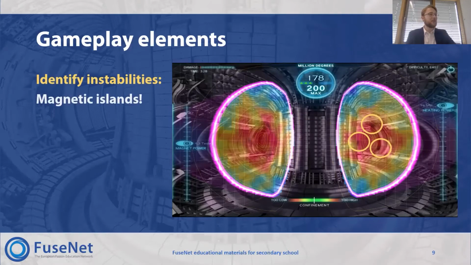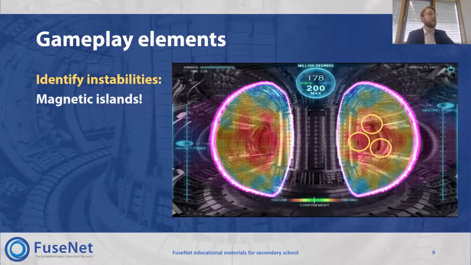And that's not all there is, because in a tokamak, it's not as easy as just ramping up the heat and making sure that the magnets work. There are a lot of instabilities as well that need to be suppressed and counteracted. So in this app, they've incorporated magnetic islands, which are magnetic structures inside the plasma. In real life, you won't see them like this, but here they are visualized as black spots in your plasma.